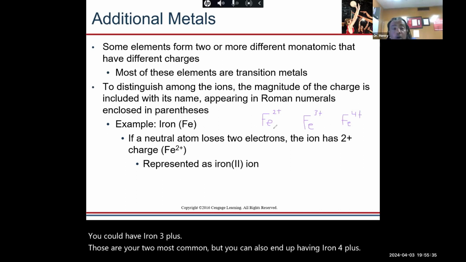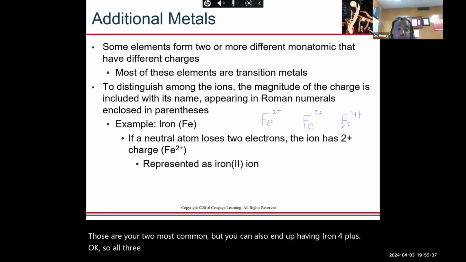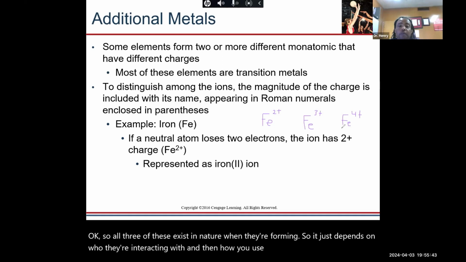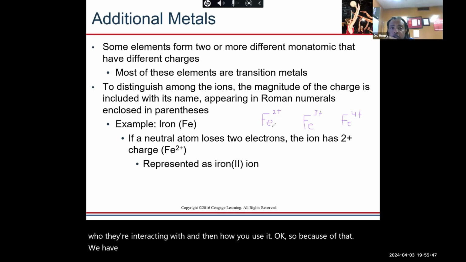Okay. So all three of these exist in nature when they're forming. So it just depends on who they're interacting with and then how you use it. Okay. So because of that, we have to tell the charge on those transition metals. And the way that we do that is by using what we call the Roman numerals.